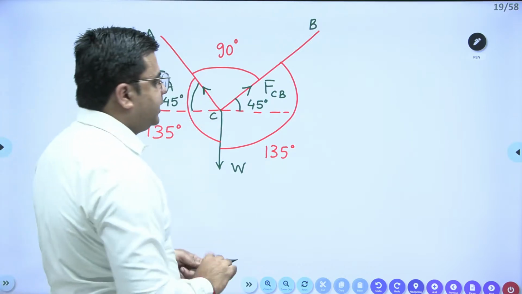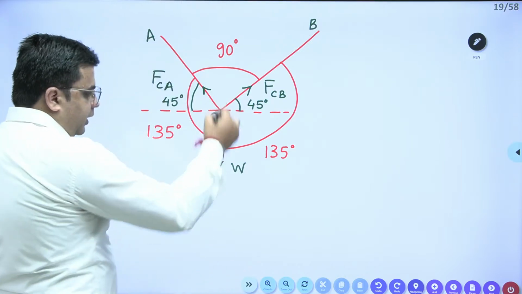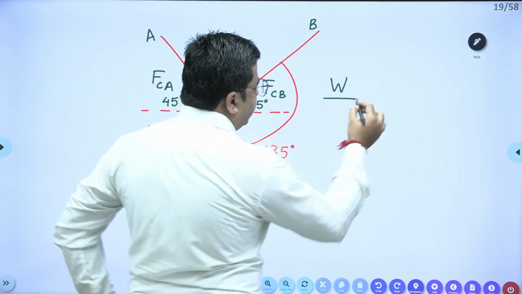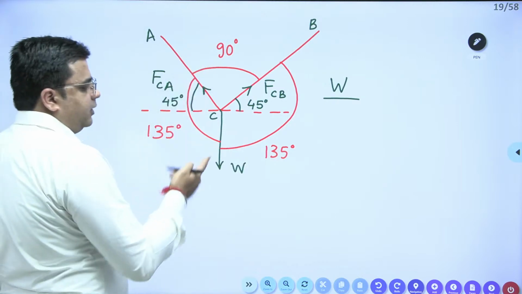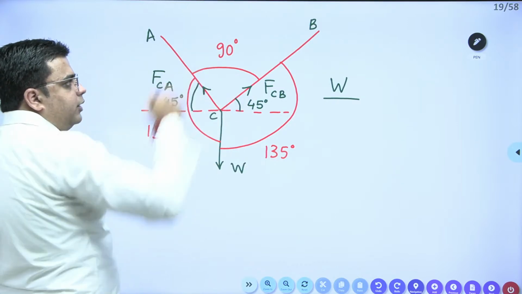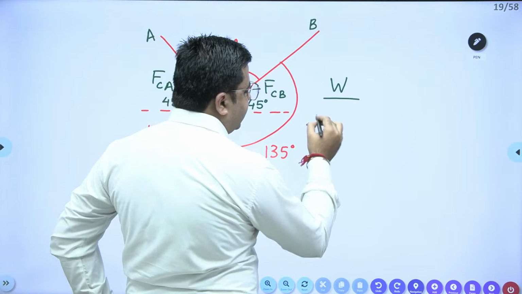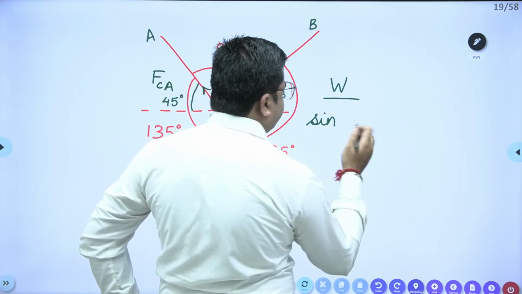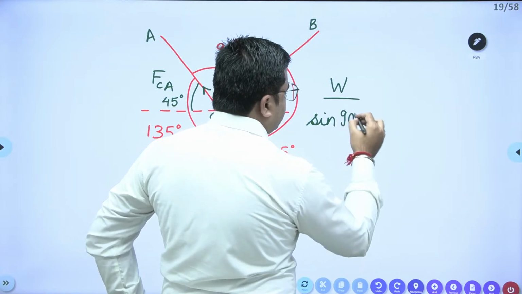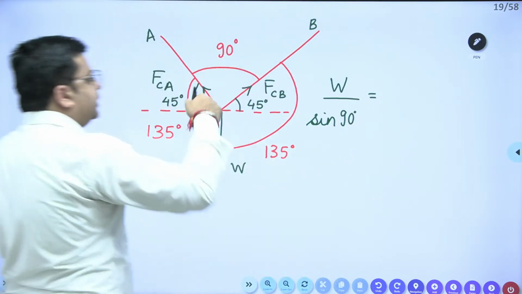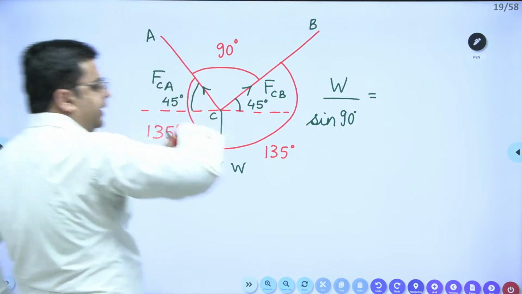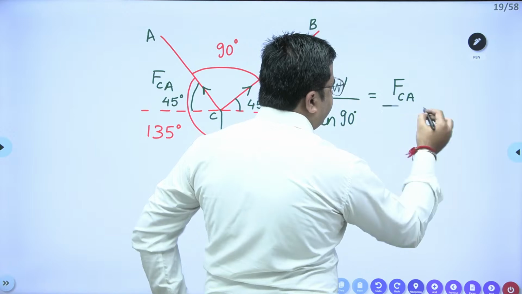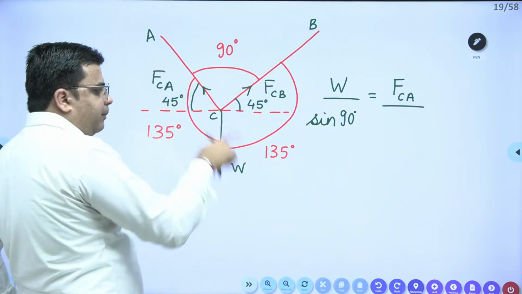So you have to take the simple relation: the load W divided by the sine of the opposite angle. Opposite to this load W, we have 90 degrees. So W over sine 90 degrees will be equal to the force in member CA divided by the sine of the angle opposite to this member.